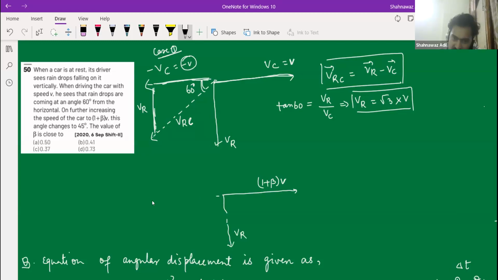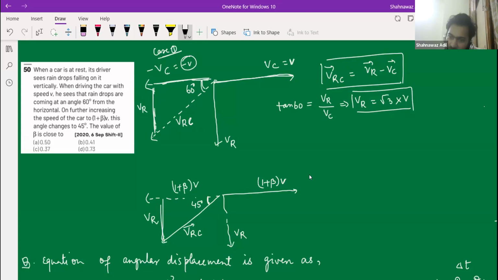If we calculate the relative velocity with respect to the car, this velocity is 1 plus beta v. We are only talking about magnitude, and this is VR.